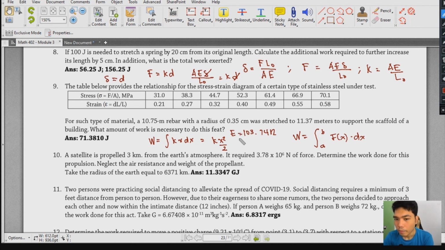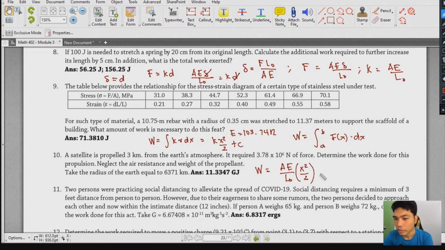This is the general work expression. If you have limits, you can incorporate a and b so we have no constant. But if we already have this k, then we can determine our W. What is k? K is actually AE over L sub o. So that is AE over L sub o, multiplied by x squared over 2, and that would be your work.